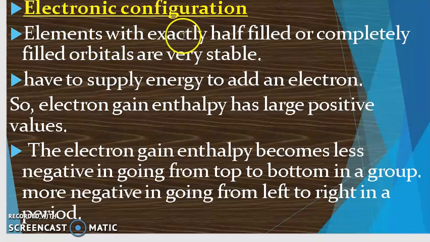Okay, the elements with exactly half filled or completely filled orbitals are very stable. Yes, first we discussed in the general point what I told, it's ready to go to the noble gas configuration, because I explained with fluorine, that it has the electronic configuration of helium 2s2 2p5, so it is going to get one electron in the p orbital and move into 2p6, so totally 2s2 2p6 you will get, the noble electronic configuration.